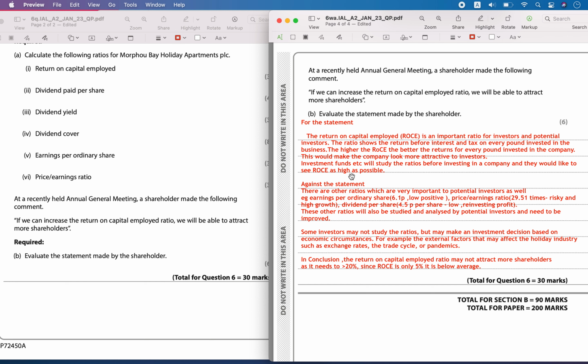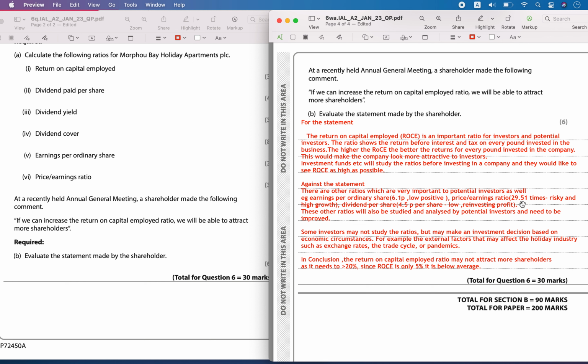Okay, so it is important, but you will also make a statement against the statement. There are other ratios as well which can attract potential investors, like EPS. But we can see the EPS for this company was around 6.1 pence, which is very low, a low positive, which is not attractive.